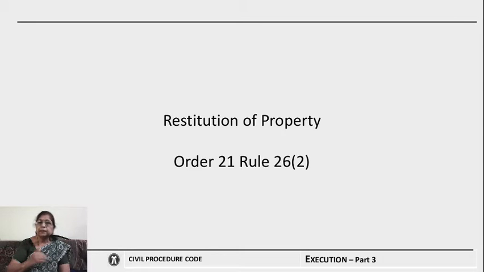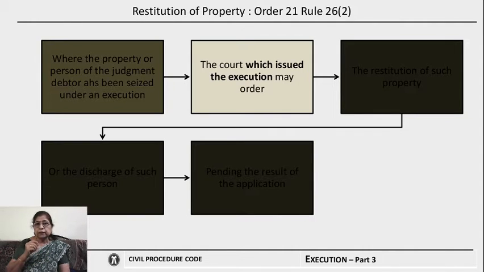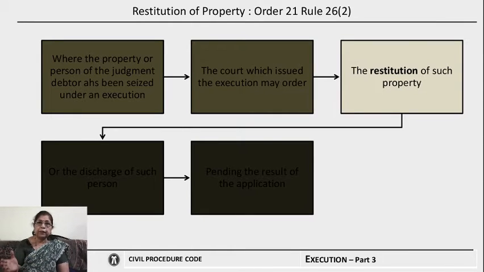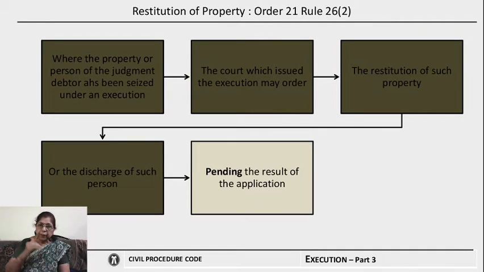Now, Rule 26 sub Rule 2 says that where the property has already been seized under an execution proceeding, or the person, that is the judgment debtor, has been detained or the proceeding has been taken against him, then if they are already seized under that execution proceeding, the court which has issued the execution on this application may order that this property which was seized should be returned, or the restitution of this property should be done, or the person who has been arrested should be discharged pending the result of the application.